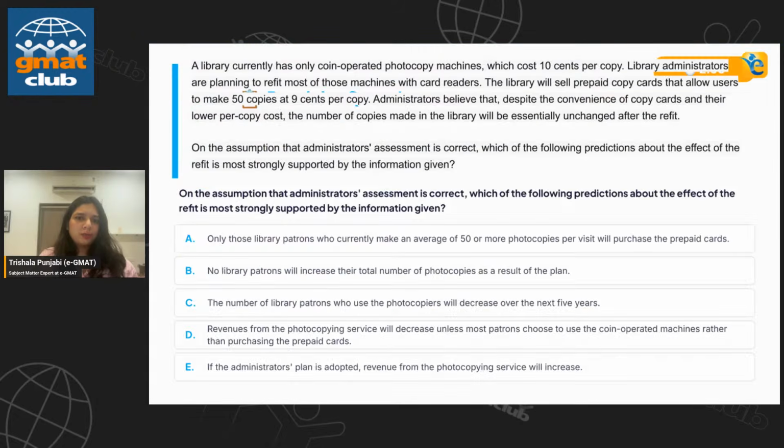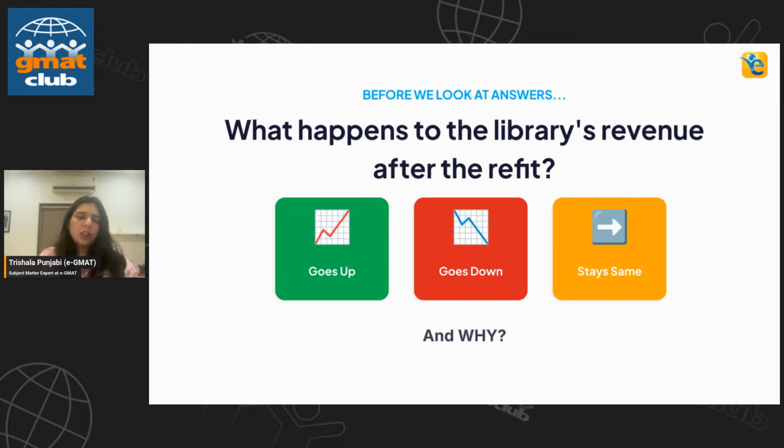Now, let me ask you guys this. What happens to the library's revenue after the refit? Will it go up, will it go down, or will it stay the same? And why? Don't worry, Ansh, we'll walk through the entire math. If you just tell me this, what do you guys think? What happens to the library's revenue after the refit?